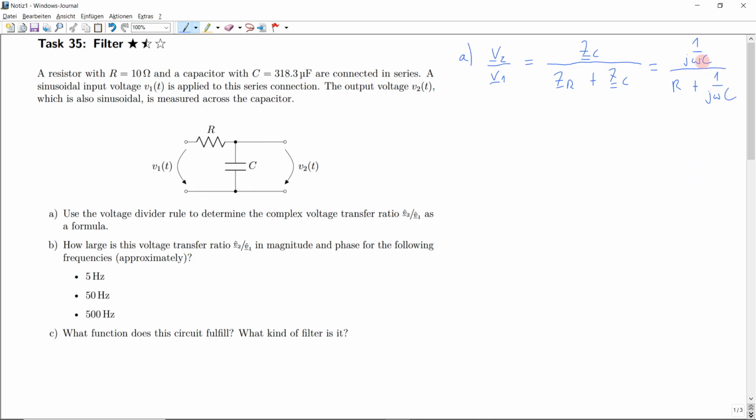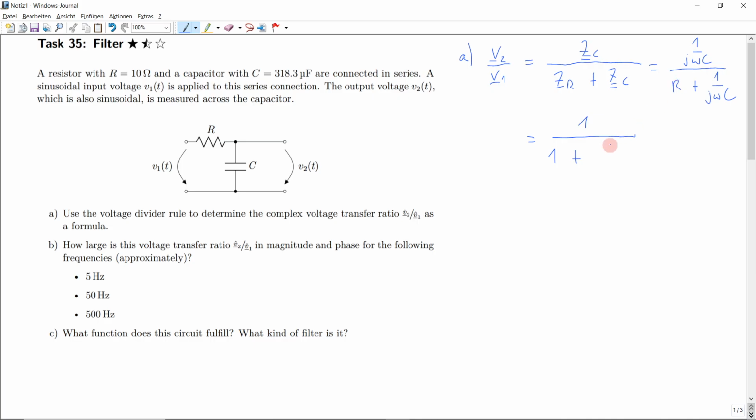Okay, now we get this double fraction, probably not that nice. How can we simplify or rearrange this to make it look a little better? Yeah, we can expand this equation by j omega C. So we multiply the numerator by j omega C, and then we get just 1. And if we multiply the denominator by j omega C, we also get just a 1.